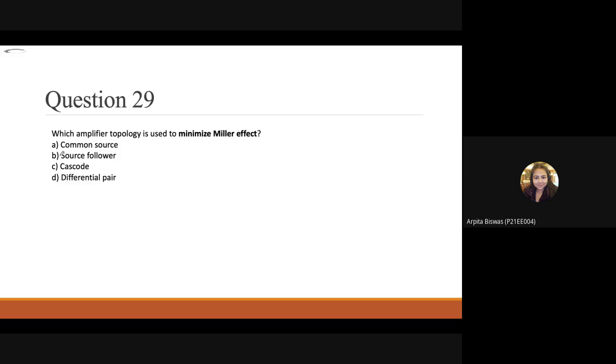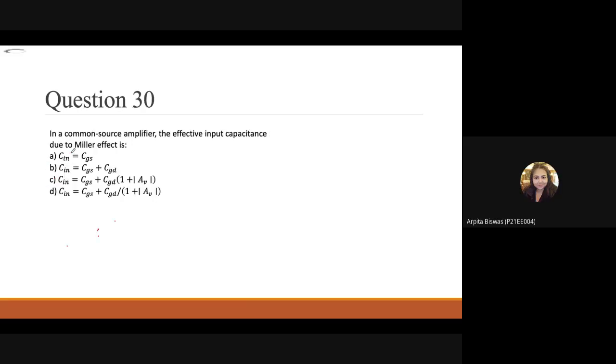Then question number 29. Which amplifier topology is used to minimize the Miller effect? Common source, common follower, cascode, or differential pair? Cascode, ma'am. Option C, yes.